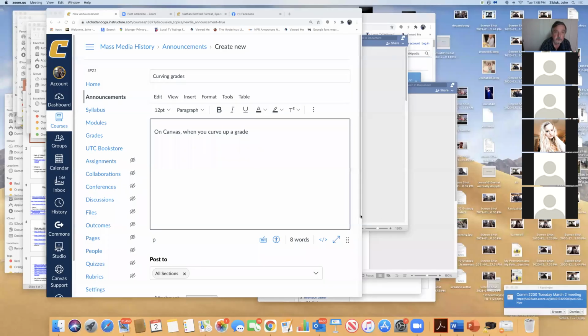On Canvas, curve up a grade. I will show you what that looks like right now. The instructor moves up the class average.